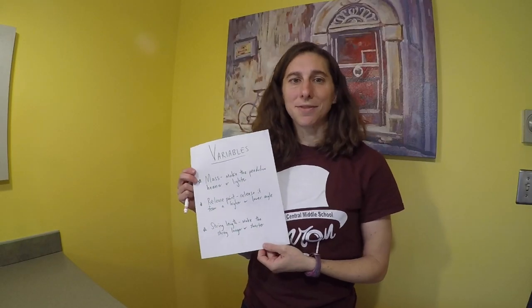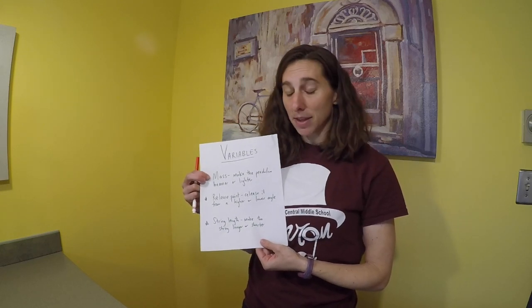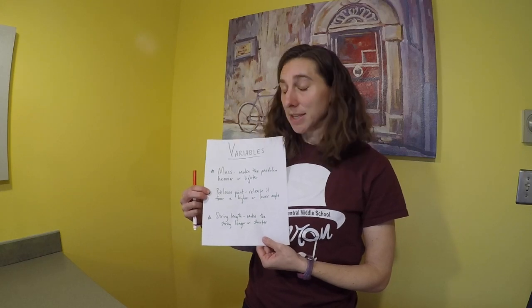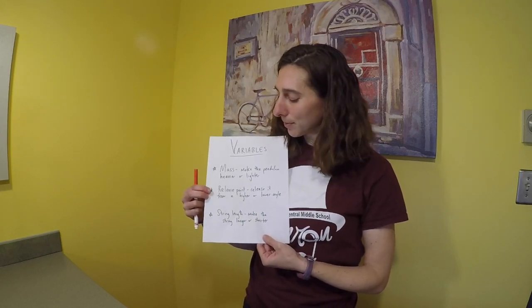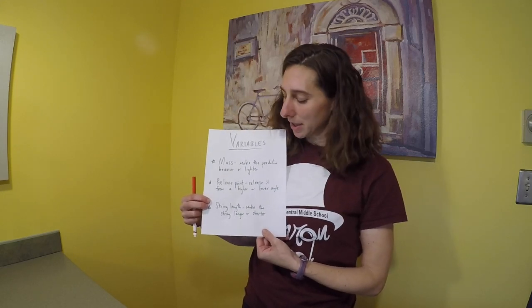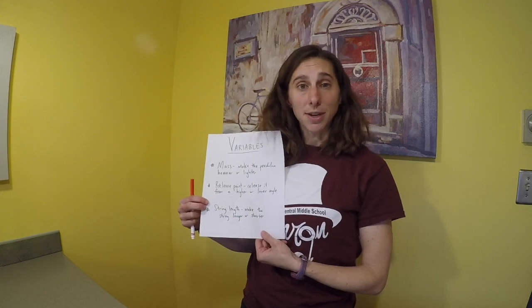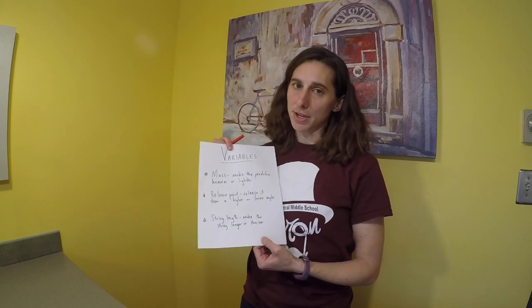Okay, let's go back to the variables that we tested. We tested the mass by making the pendulum heavier. We tested the release point by releasing it from a lower than 90-degree angle and a higher than 90-degree angle. And we tested the string length. We made the pendulum shorter and longer than 38 centimeters. Again, did we test all three of these at the same time? Of course not.